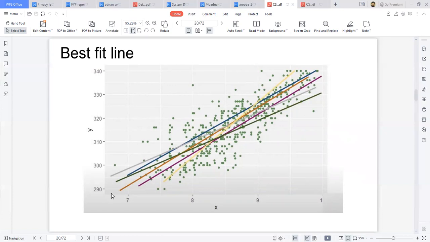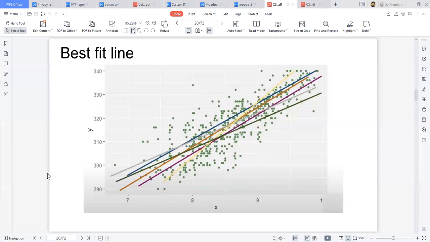So we can fix theta naught, so the line is fixed, and then change the theta 1 value, so we can move the line. In this way we can finally find the exact line based on the data.